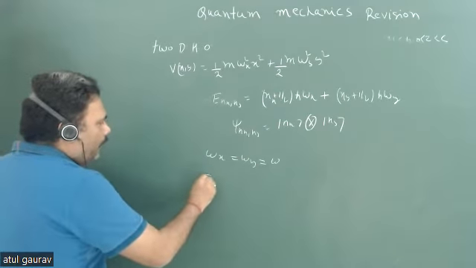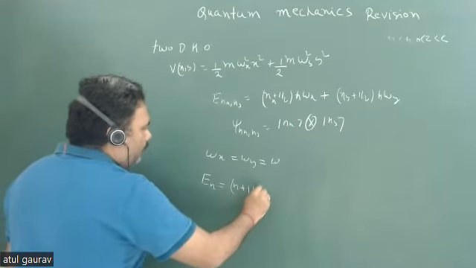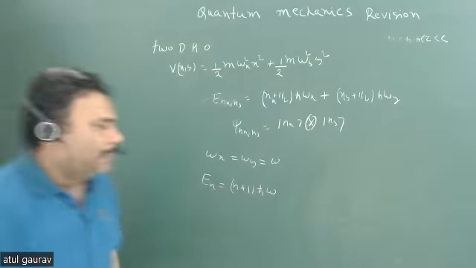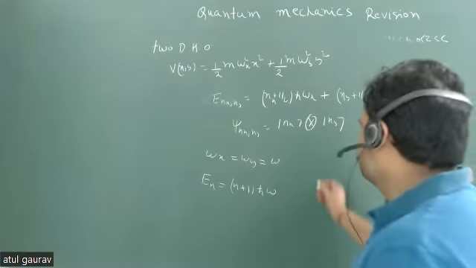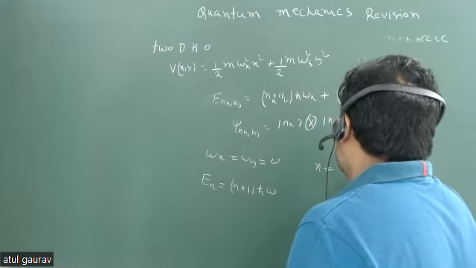Then the energy eigenvalue for 2 dimensions is (n plus 1) h-cut omega. And try to remember that n is nothing but nx plus ny.